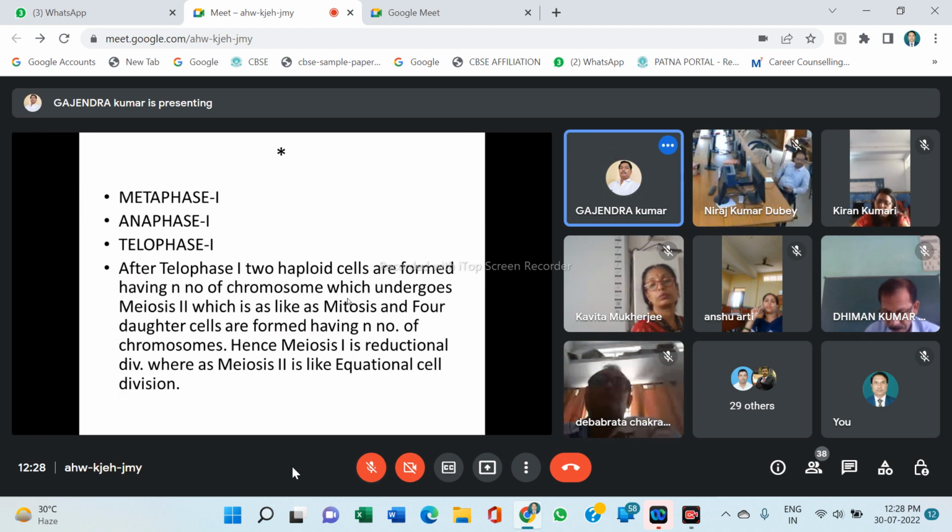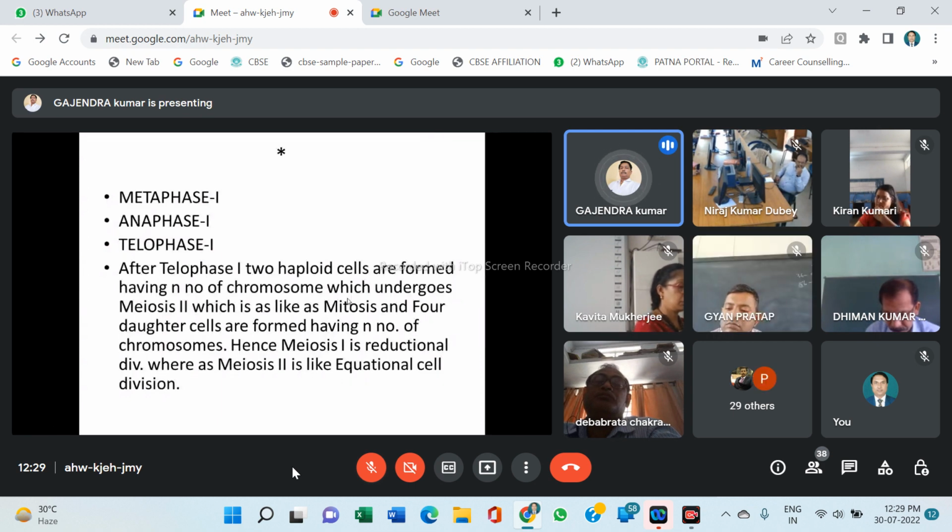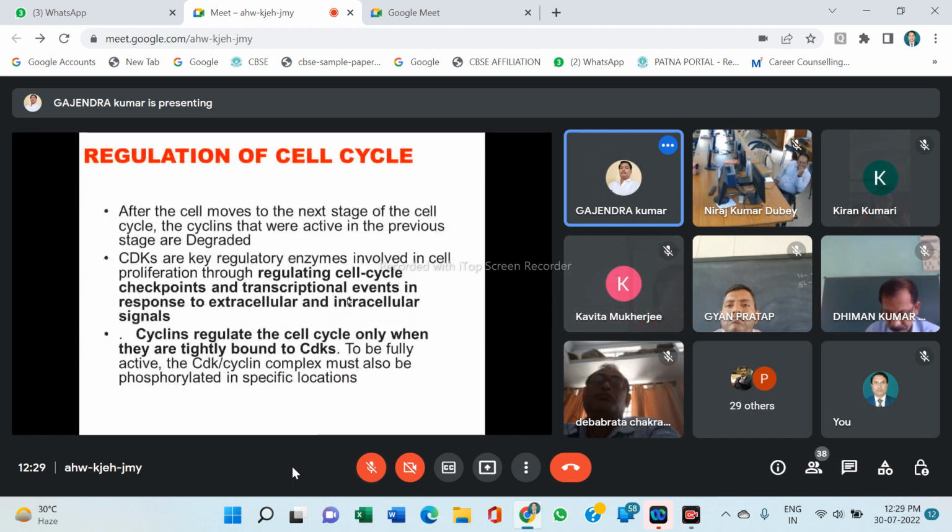In meiosis 2, the chromosome number remains the same. So meiosis 1 is reductional cell division, and meiosis 2 is equational cell division. That must be clarified before the students.